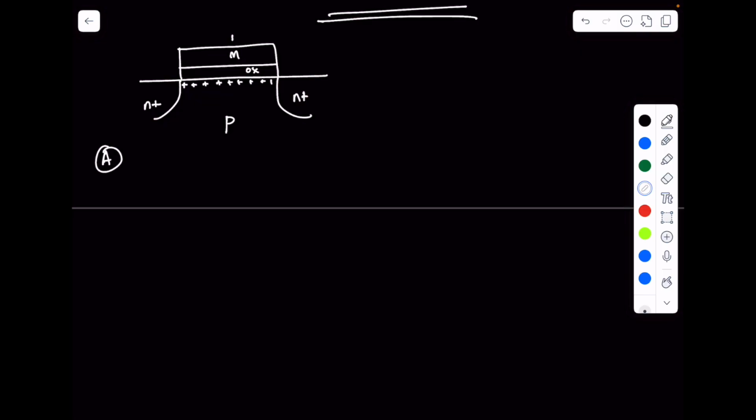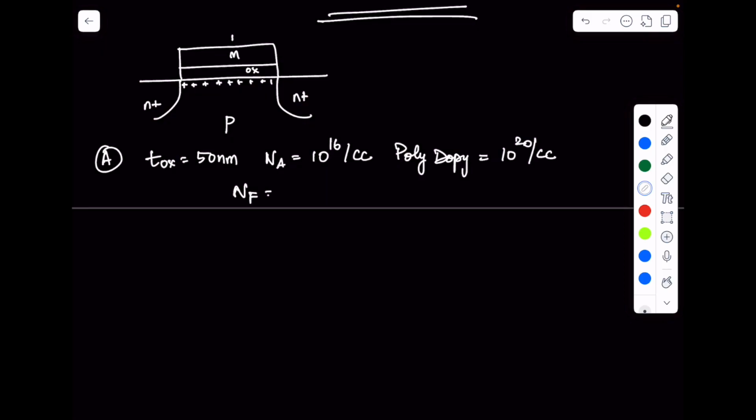So here you're given Tox as 50 nanometers, Na is 10 power 16 per cc, poly doping is 10 power 20 per cc, right? And your interface trap charge density is 2 into 10 power 10 per centimeter squared. So let's start.